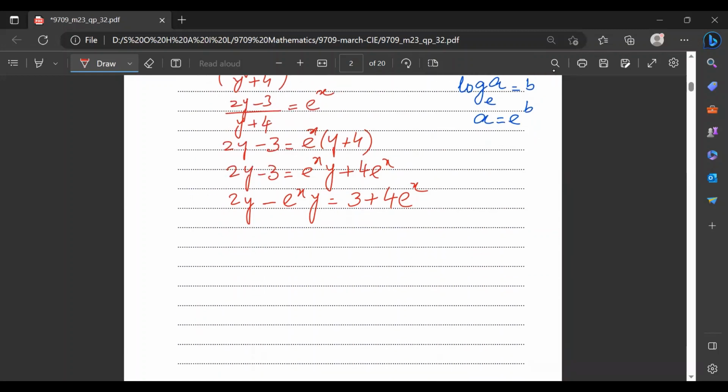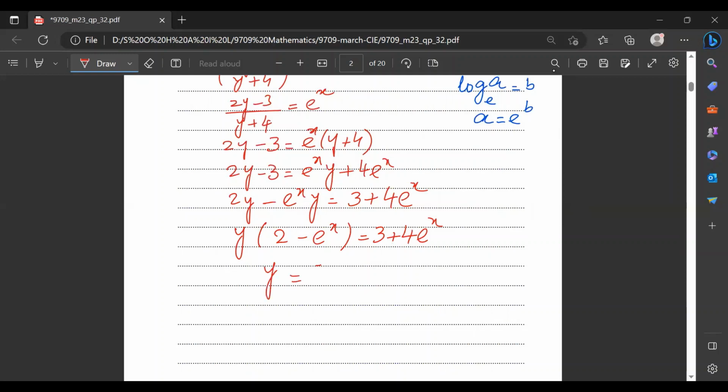And next, y is common. Inside is 2 minus e to power x, equals 3 plus 4 e to power x. And finally, y equals (3 plus 4 e to power x) over (2 minus e to power x).